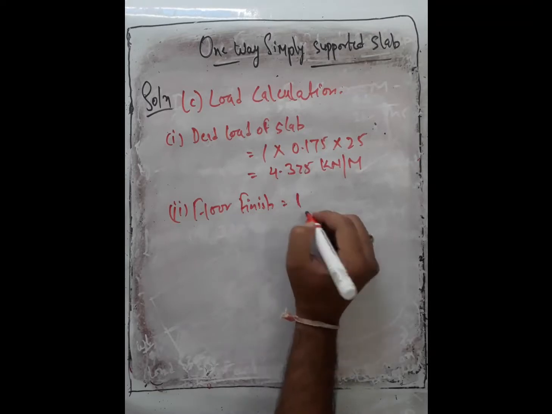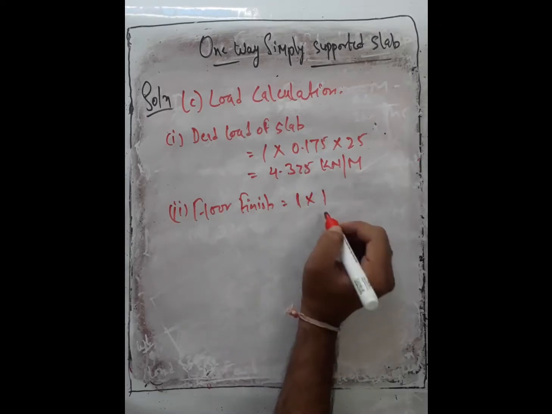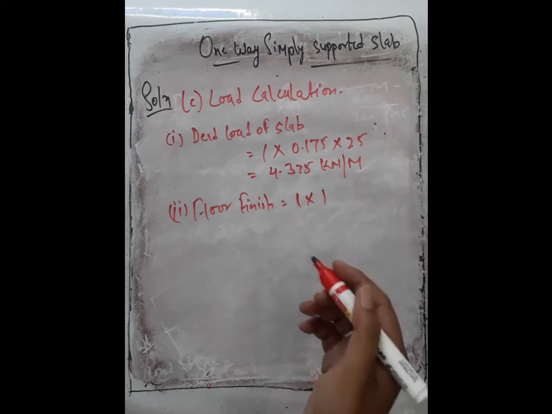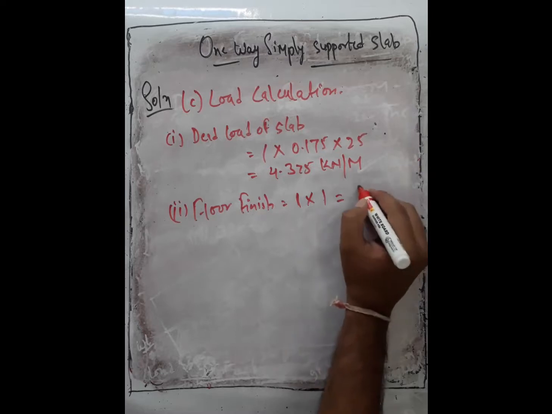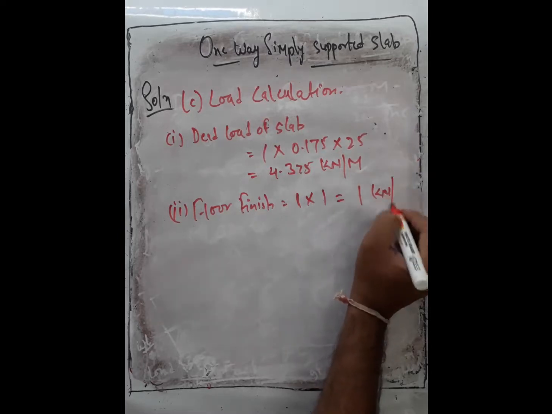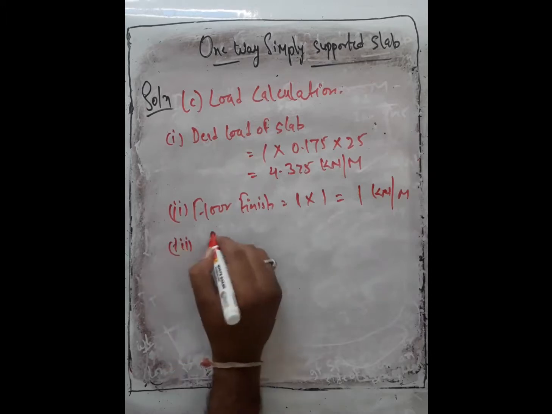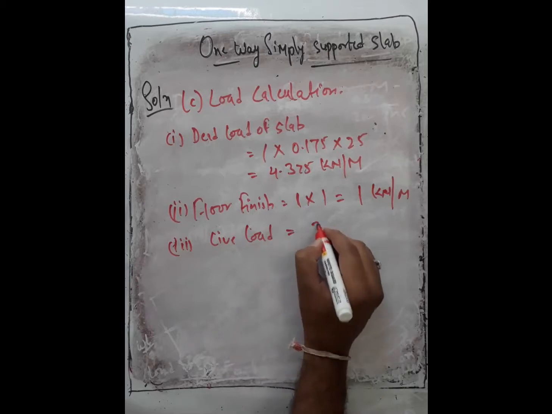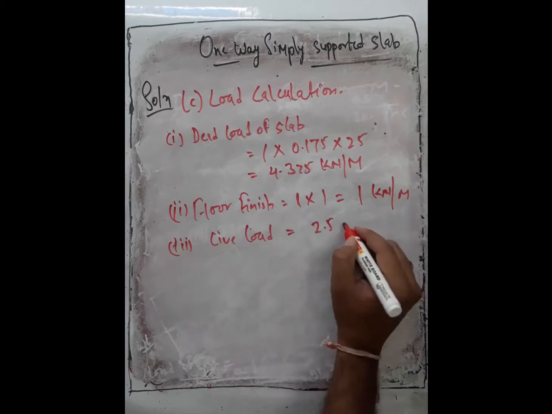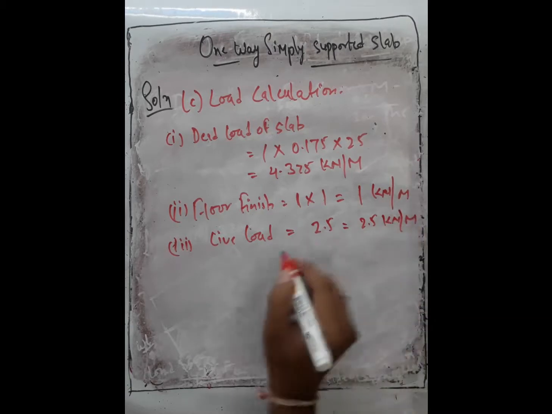We take 1 meter, and floor finish as 1 kilonewton per meter square. So the overall value is 1 kilonewton per meter. And last we have the given live load, 2.5 kilonewton per meter.